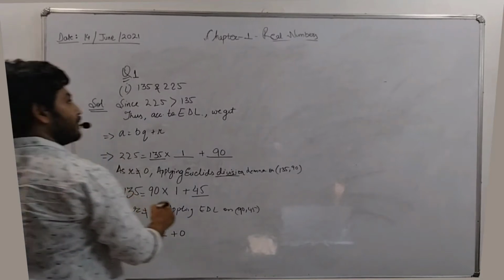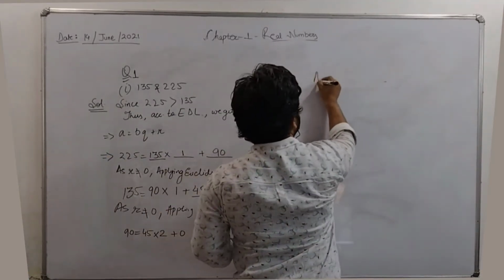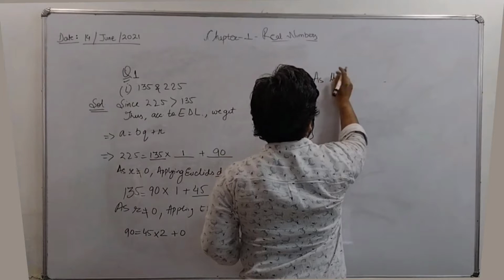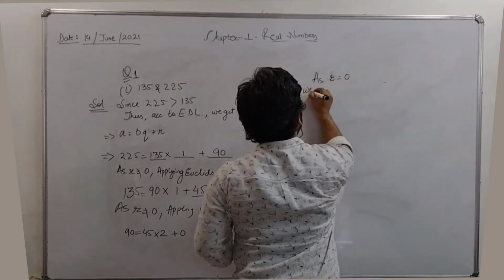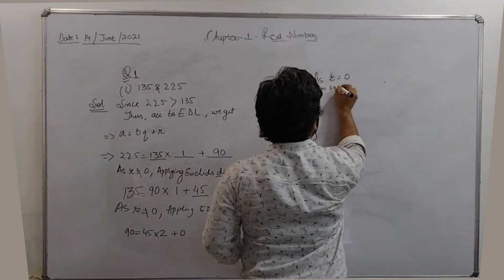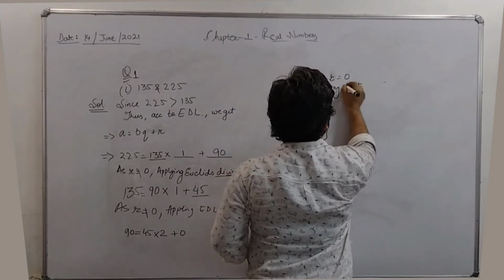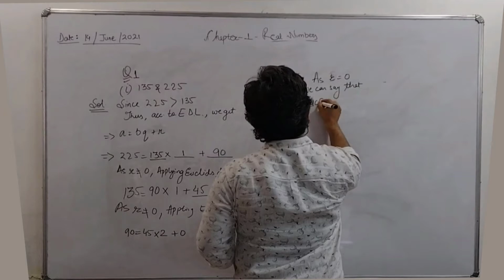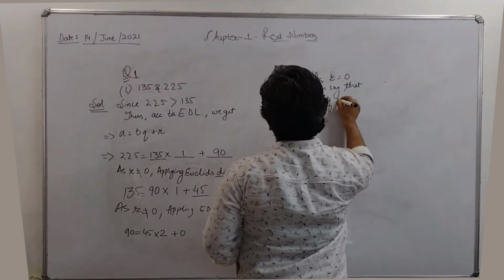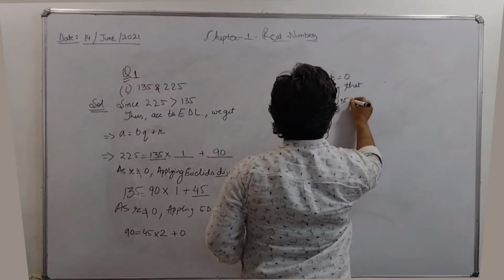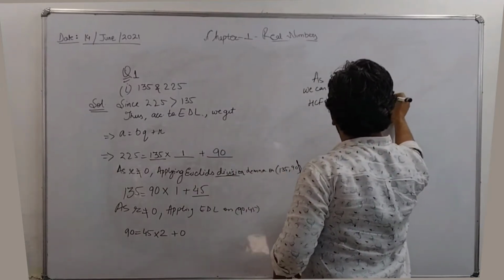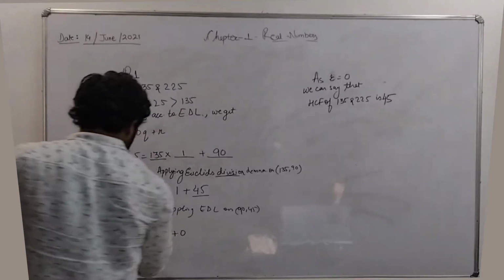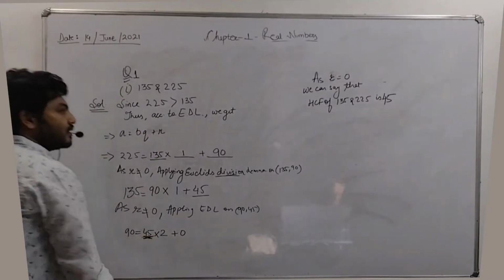So as R is equal to 0, we can say that HCF of 135 and 225 is 45. So this will be our HCF.